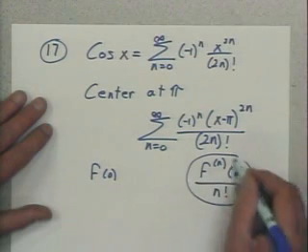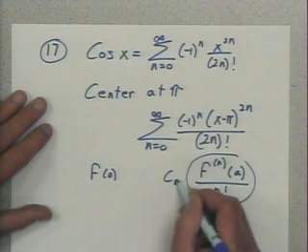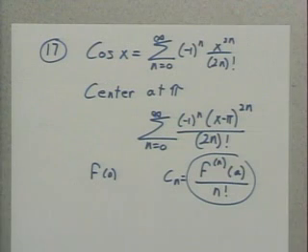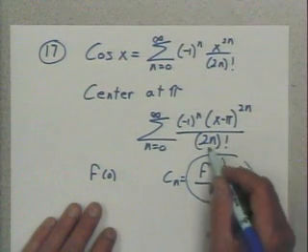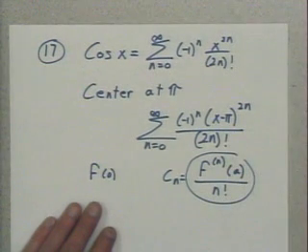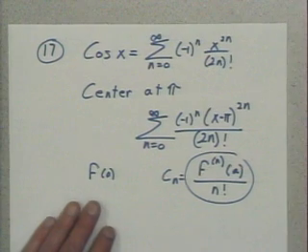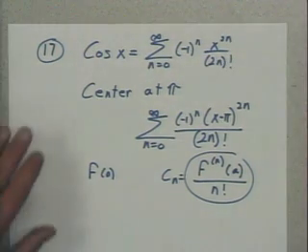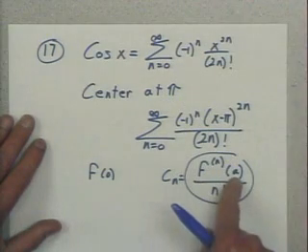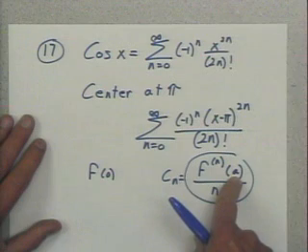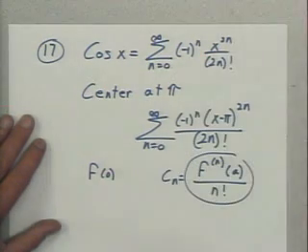Isn't that in general what c sub n is? So where does the a come into play? Only in the numerator, right? So you think the 2n factorial should be changed. No. Now, in this Maclaurin series, we were replacing a with 0 every time, weren't we? Now we're going to be replacing it with pi.